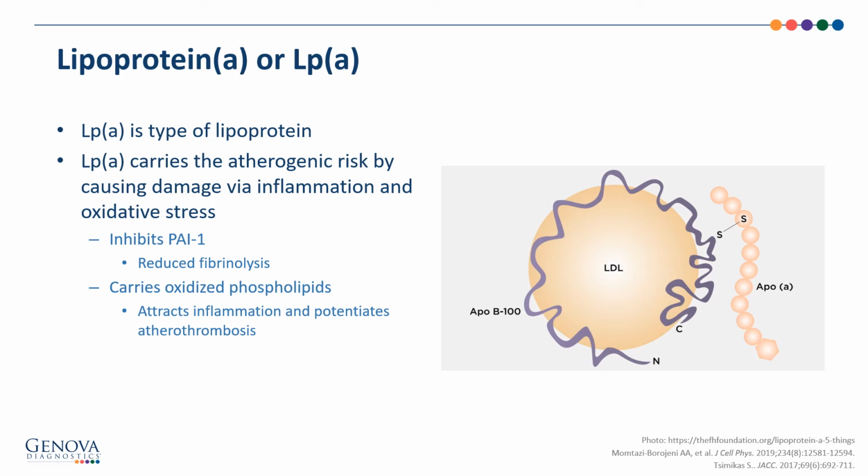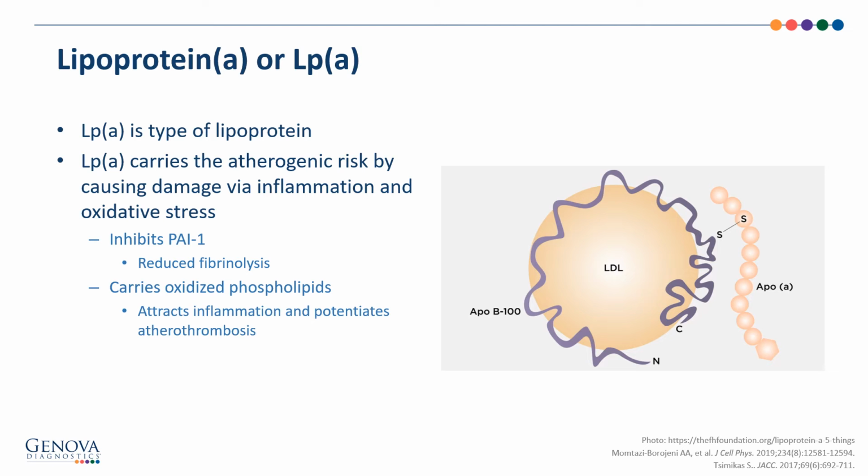The last lipoprotein is Lp little a or Lp(a), which looks like an LDL molecule, except it has an added protein attachment called Apolipoprotein A that you see on the right-hand side of the diagram. Like LDL, which is a cholesterol-rich lipoprotein, Lp little a can increase plaque formation in your arteries.